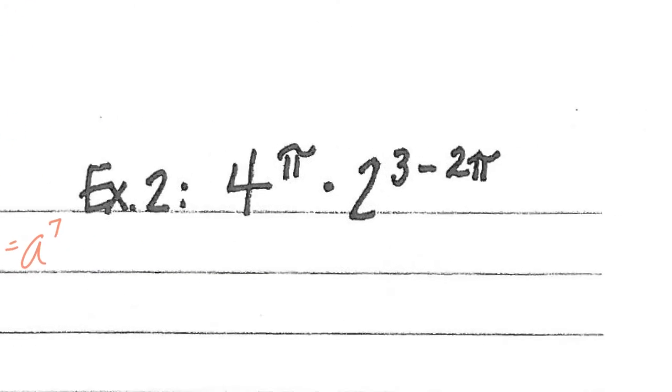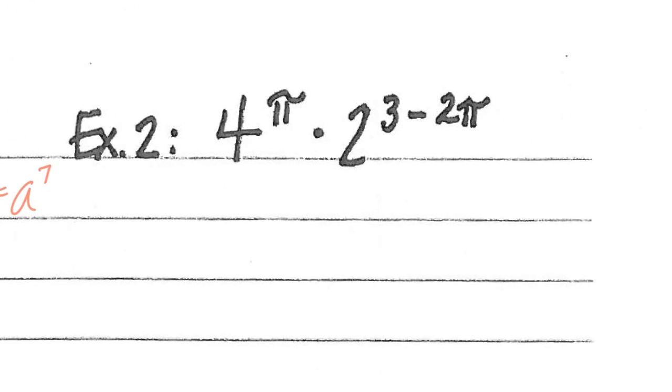All right, let's go ahead and look at example 2. We have a problem on this one. The first problem is they are not in the same base. So the first thing I want to do is put this 4 as 2 to the 2 pi. And I'm multiplying this by 2 to the 3 minus 2 pi.